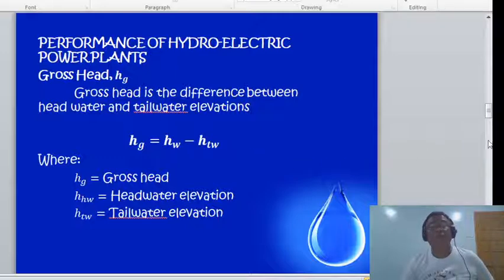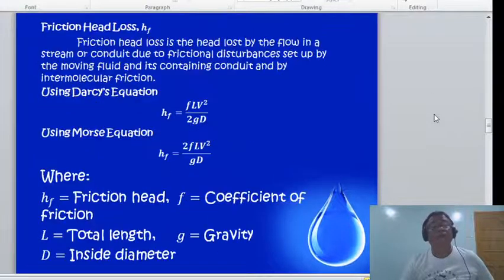Another is the friction head loss, and we have two formulas useful in computing it. Friction head loss is the head lost by the flow in a stream or conduit due to the frictional disturbances set up by the moving fluid and its containing conduit and by intermolecular friction.